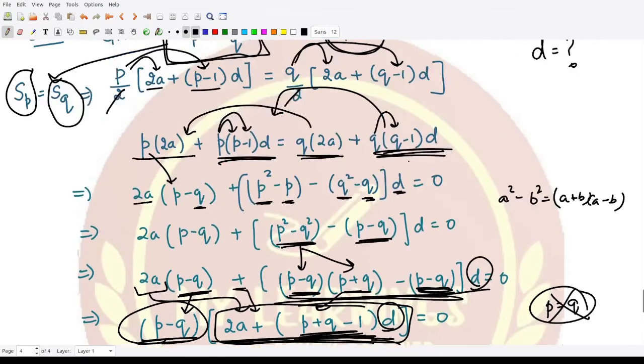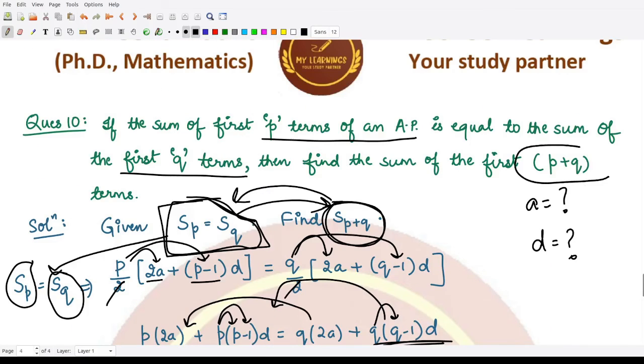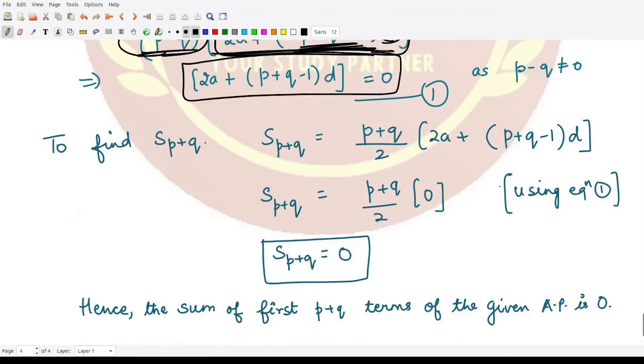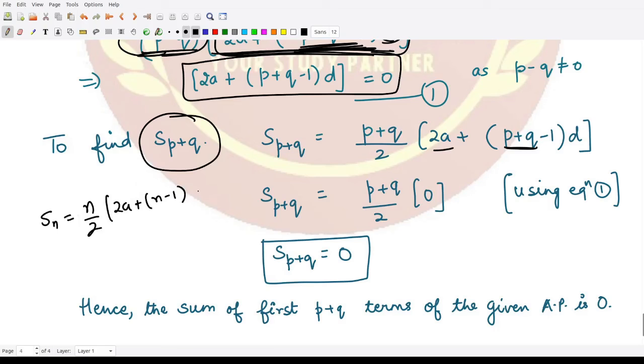Now here we wanted to calculate the sum of first p plus q terms. So that means we are required to calculate S of p plus q. Now when you solve this S of p plus q, you would have p plus q divided by 2 multiplied with 2a plus (p plus q minus 1) into d, right? According to the formula, S of n is n by 2, 2a plus (n minus 1) times d.